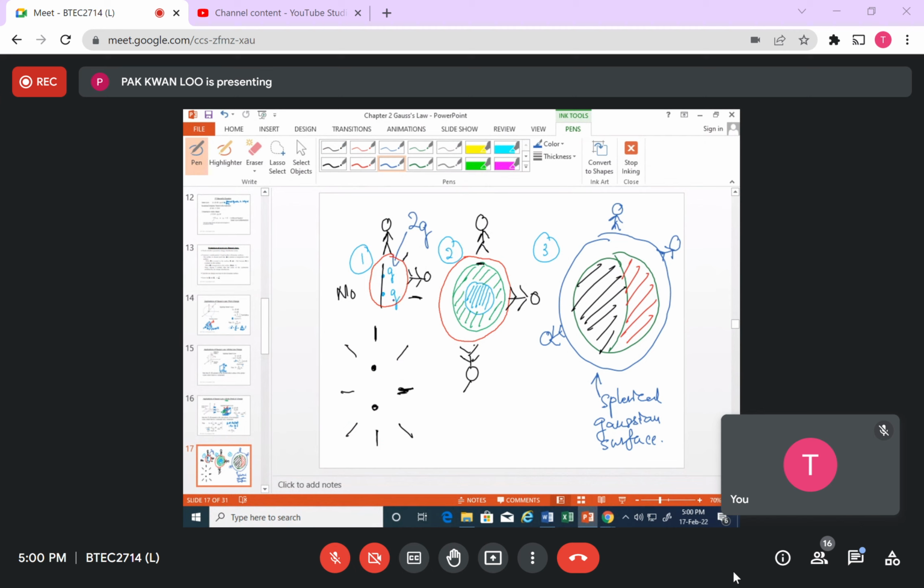But we cannot find the electric field and electric flux density. That's the problem. Because when we try to evaluate the electric field and electric flux density, we always need the direction of the electric field or electric flux density to be perpendicular to the Gaussian surface.